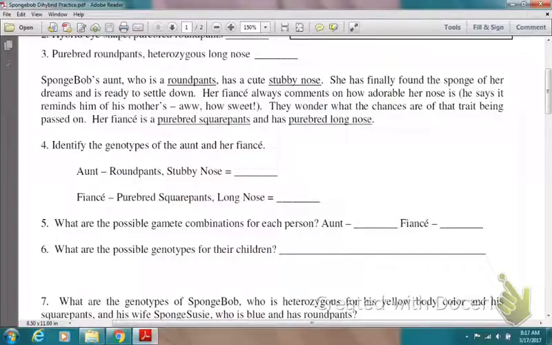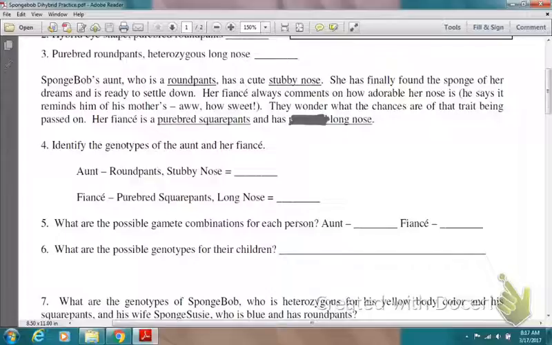Okay, all right, so we found a mistake in the paragraph here. So we're going to mark out purebred, because clearly if his fiance's nose reminds him of his mother, then it is not purebred because he has inherited an allele.